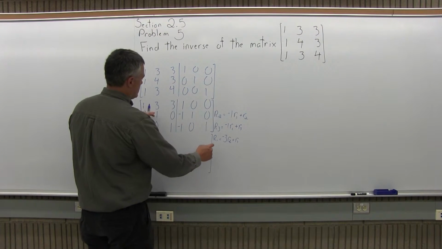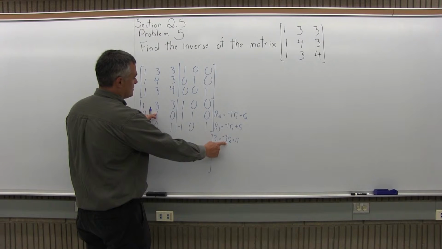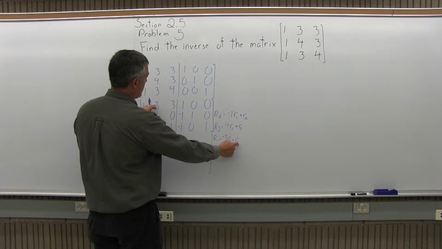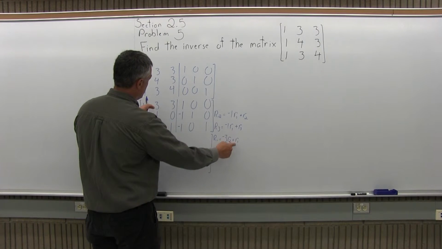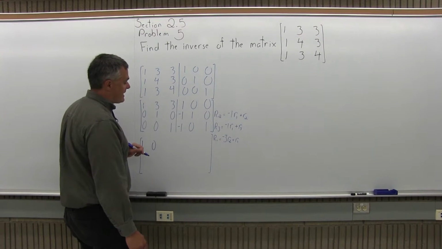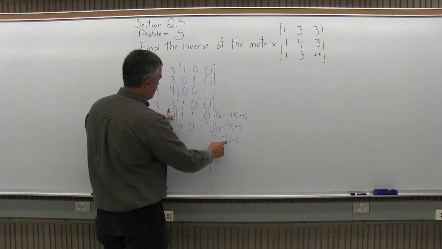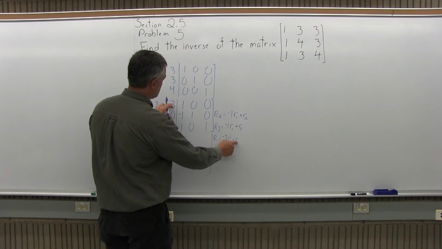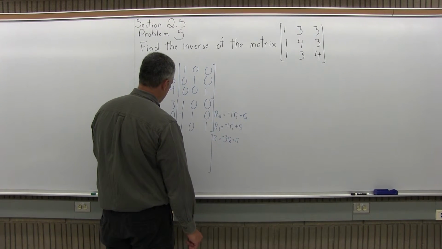Next, I'm going to do negative 3 times row 2. That's negative 3 times 1. That's negative 3 plus row 1. So negative 3 plus positive 3 is 0. And next, I'm going to do negative 3 times row 2 is negative 3 times 0, which is 0, plus row 1. So I'm going to have 0 plus 3 is 3.